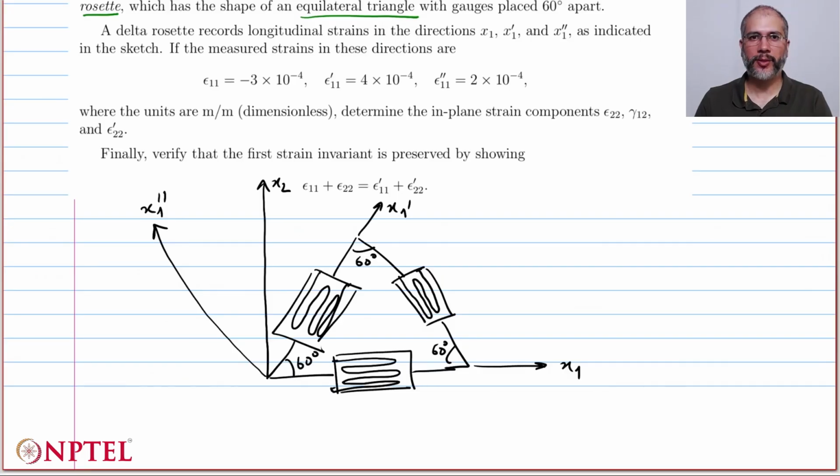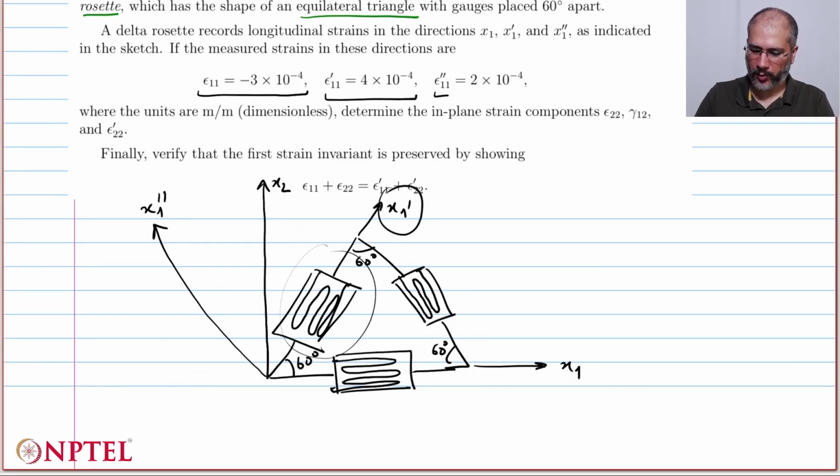So when we paste this arrangement on the surface, we get the values for epsilon 11, epsilon 11 prime, which is along this direction using this strain gauge, and epsilon 11 double prime, which is in this direction using this strain gauge.